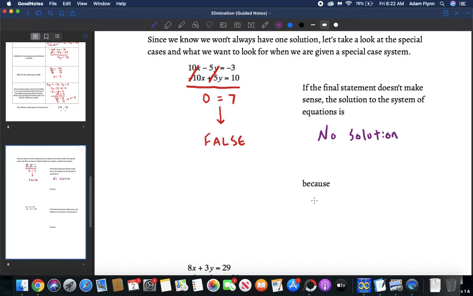And it's no solution because these lines will never cross. And when two lines are never going to cross, that means they are parallel. They have the same slope.